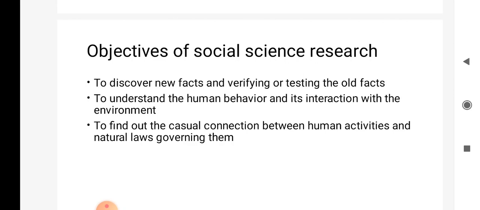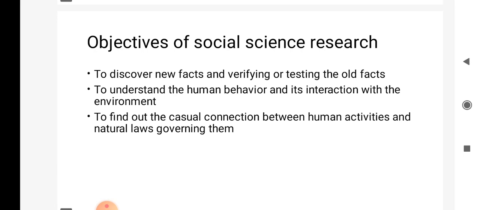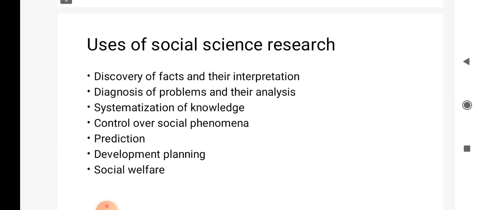So, to make sustained use of the resources, or to retain the environment and society in a proper way for the future generation, there is a need to develop various laws relating to human activities and their relation with nature and society. These are the various objectives or reasons for which we need to undertake social science research.